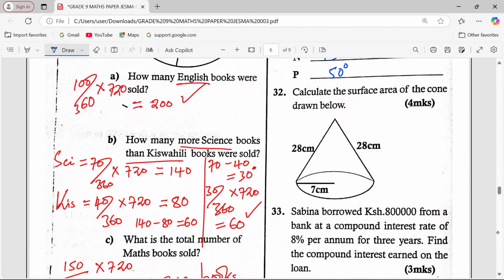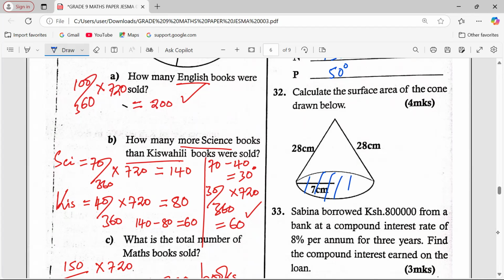So that is it. Calculate the surface area in number 32 of the cone drawn below. So now we can talk about the surface area of a cone, and I'm assuming that it is a solid cone, in which case, apart from the curved surface, we also add the circular base.